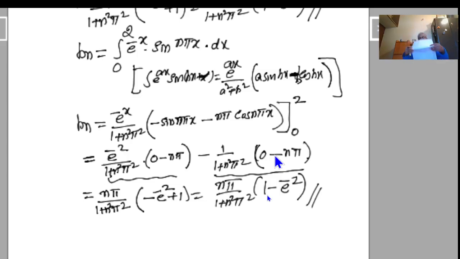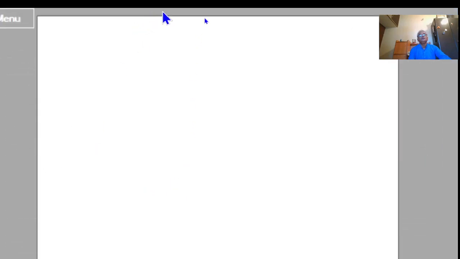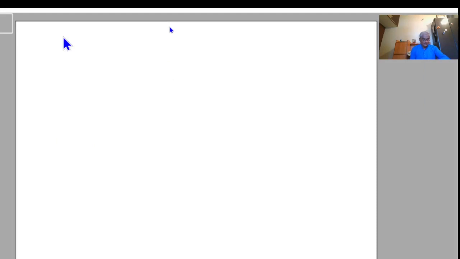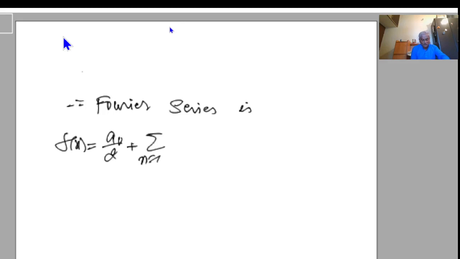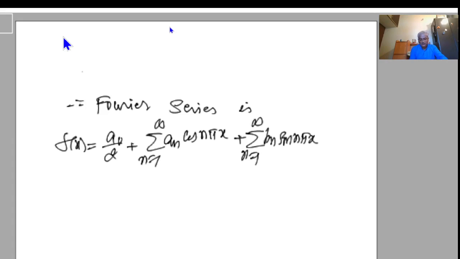So finally we write, therefore, the Fourier series is f of x equal to a naught by 2 plus summation n from 1 to infinity an into cos of nπx by L, with L equal to 1 here, plus summation n from 1 to infinity bn into sine of nπx by L. So this is the required Fourier series. Okay, thank you. I'll stop here.